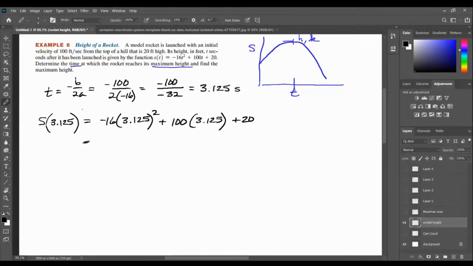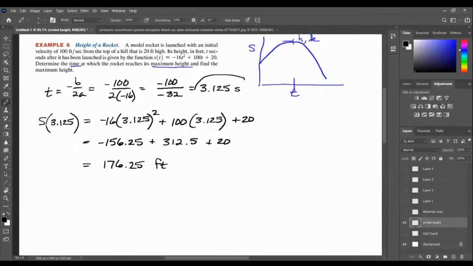So 3.125 times negative 16 is negative 156.25, plus 312.5. That's 100 times 3.125; you can just move the decimal twice. Plus 20 gives me 176.25. That would be feet.